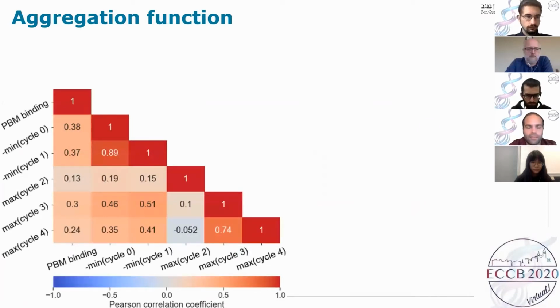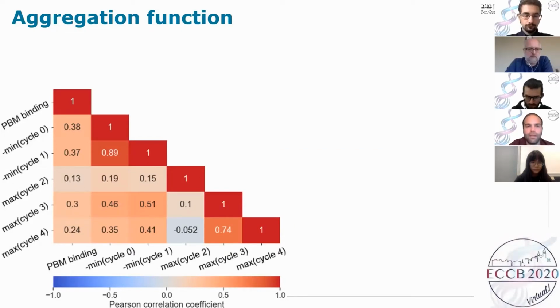We first inspected how different functions correlate to the actual PBM binding intensity. We found out that if we apply the max function on the higher cycles, such as cycle 3 and cycle 4, and apply a min function on the lower cycles, such as cycle 0, which represents the initial DNA pool, and cycle 1, we can have high correlation to the actual PBM binding.